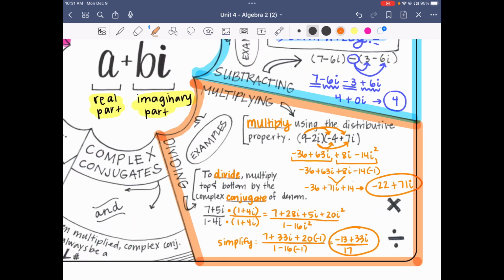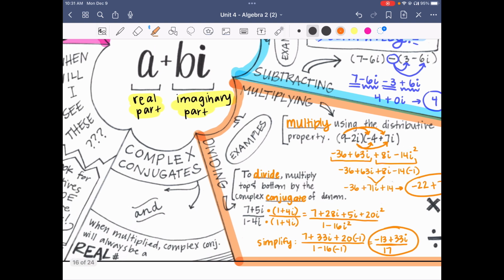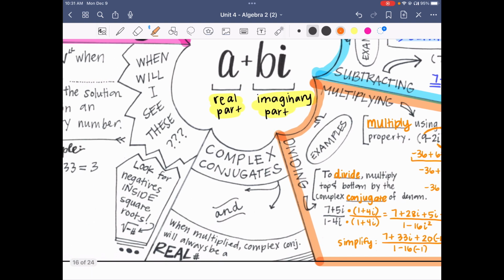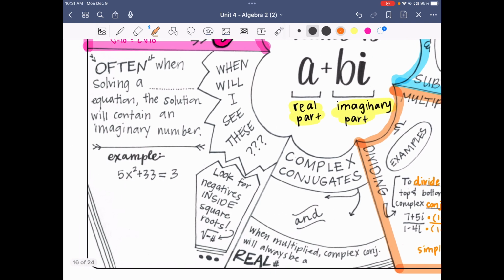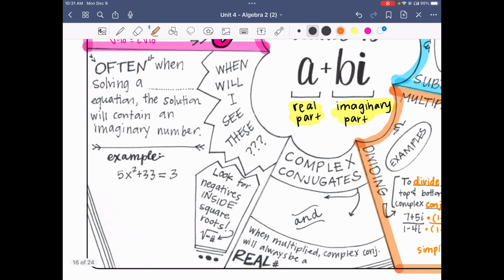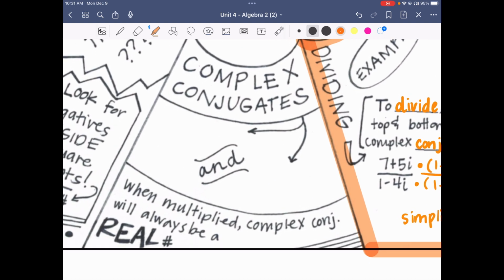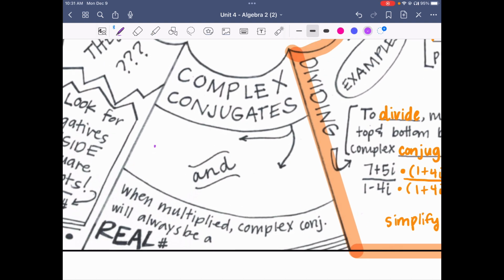Alrighty, we are moving on to this last little section. We're going to have kind of a summary, like solving with it. And I did just want to put a little bit more notes here for complex conjugates, which I know we just used an example of, but I do want you to write a plus bi and a minus bi.